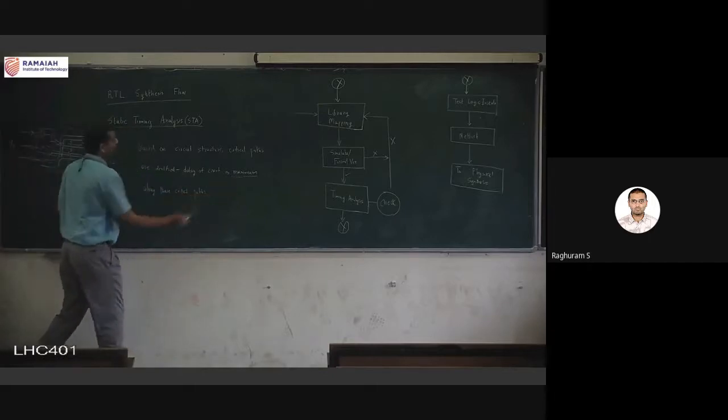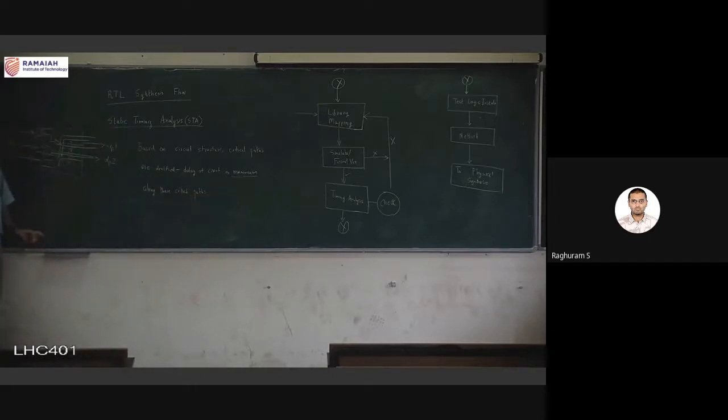The path along which the delay is maximum. Every path has one or more gates. Here there are 1, 2, 3 gates, here there are 2 gates, here there is 1 gate each. Now these 2 gates are an XOR gate and an AND gate. Here is a NAND, inverter and AND. So even though there are 3 gates here, this and this gate are expensive. An XOR gate is a little more expensive in terms of delay. So the tool has to decide which path. It cannot just directly count the gates and say 10 gates, maximum.